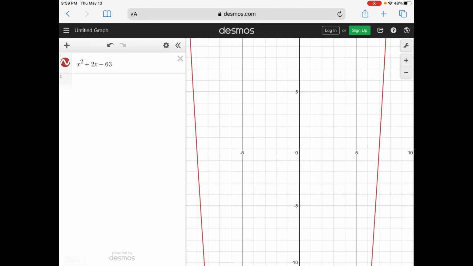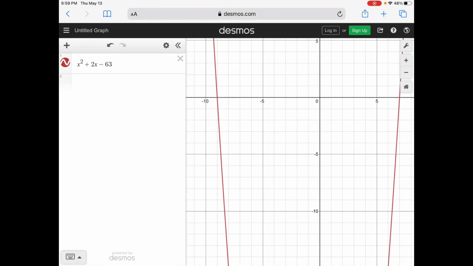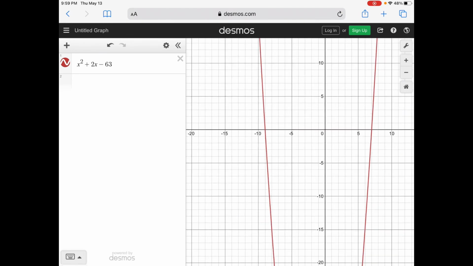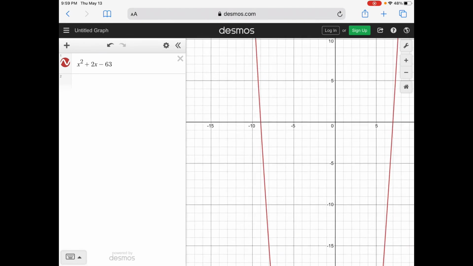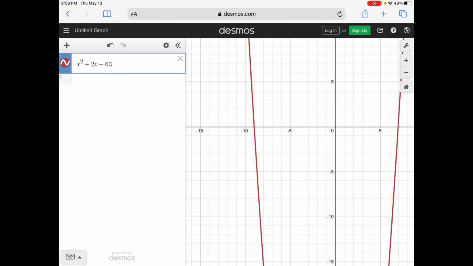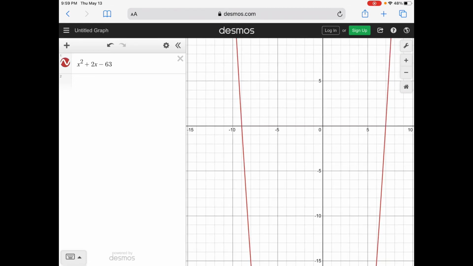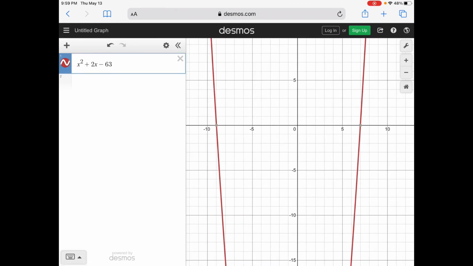So notice it has graphed our parabola right here. Now the x-intercept is wherever it touches the x-axis, so let's look at this one right here. Here, the x-intercept is at -9 and 0, so the x value is -9, and the other x-intercept is right over here, 7 and 0, so the x value here happens to be 7.